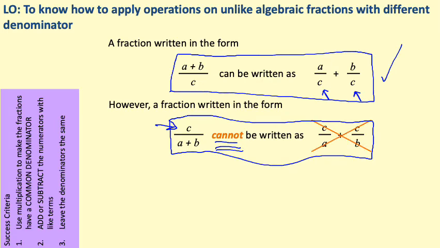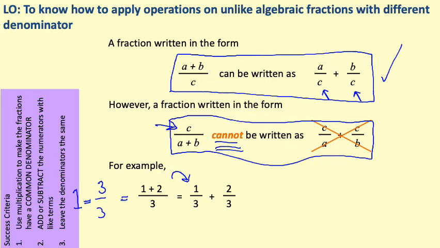I know that can look confusing to start with, but this slide gives you a really good example of how you can figure this out. We know that on the top here, 1 plus 2 gives us 3. Our denominator is 3. So that answer is just 1. If we split them, we end up with 1 over 3 plus 2 over 3.